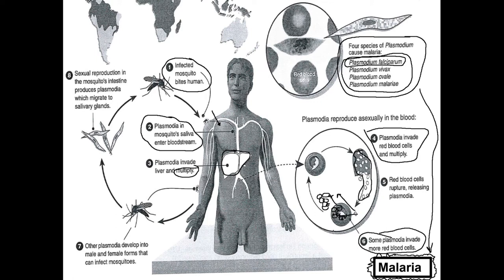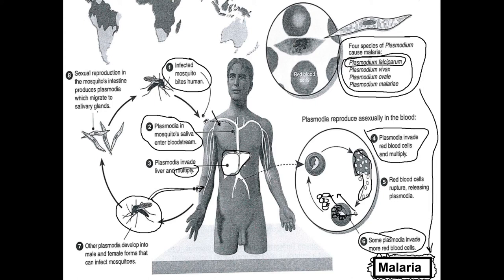Now, what happens then is that it adapts. It can develop into other plasmodium that can be taken up by a mosquito. A mosquito will take a blood meal from an infected person, and as it sucks up the blood, it goes into the digestive system, into the intestine, where the plasmodium replicates.